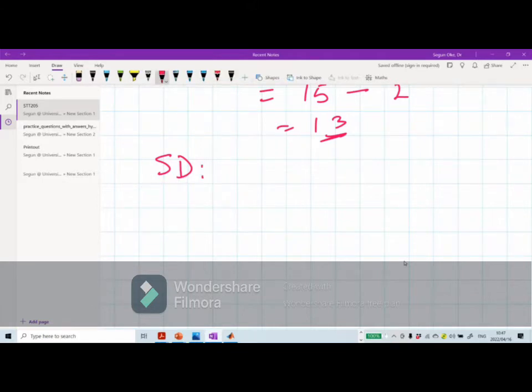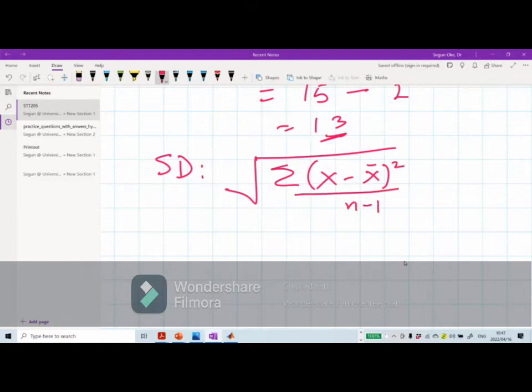Sigma is equal to the square root of the summation of (x minus x bar) raised to power 2, all over n minus 1.